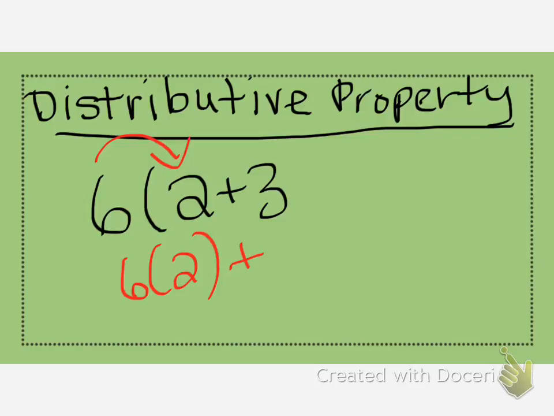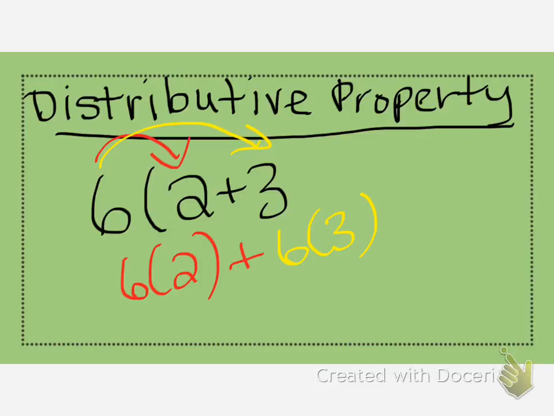Then I'm going to keep this plus, move it down, and then I'm going to start over, and then I'm going to take 6 and times it by the 3. And I'm going to do 6 times 3. So what I essentially did is I distributed the 6. Then what I do is solve it.